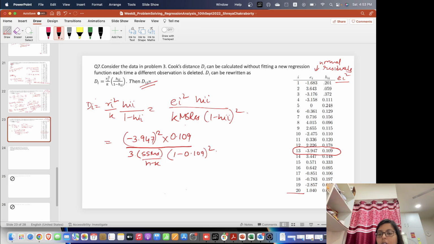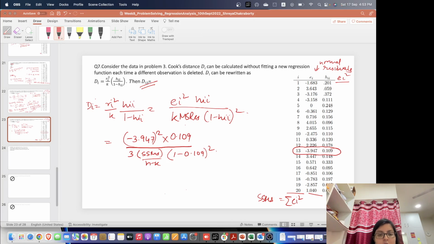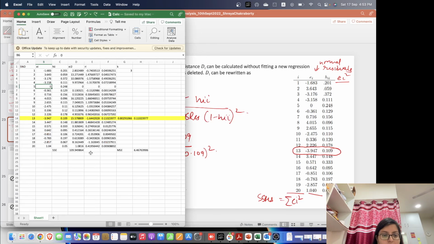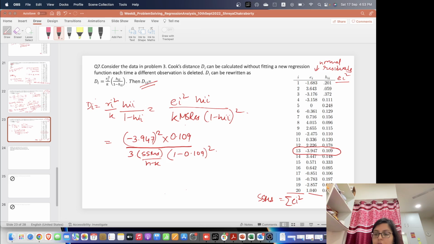So I was telling how SS residual is nothing but summation ei square. This one, sorry, we would have something here and it came out to be 109.95.